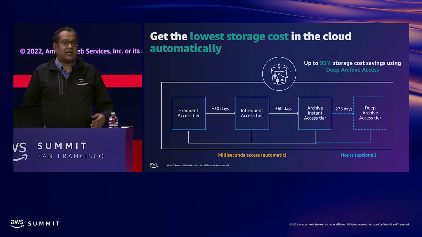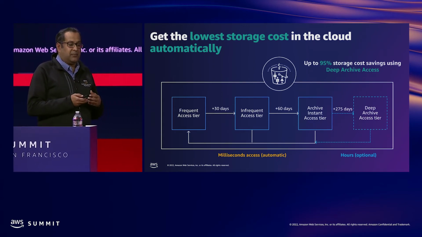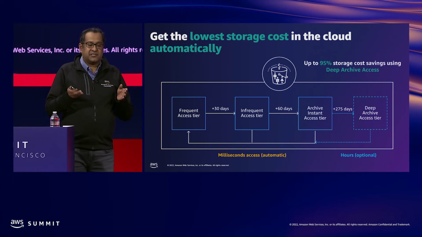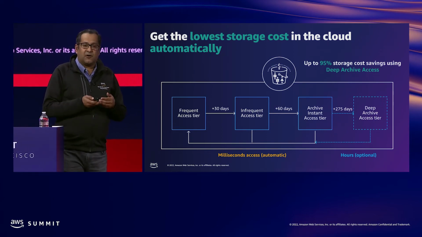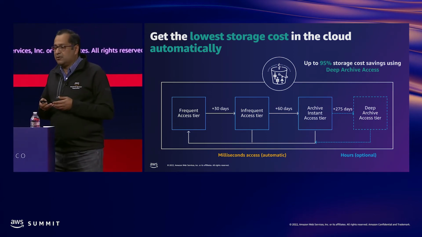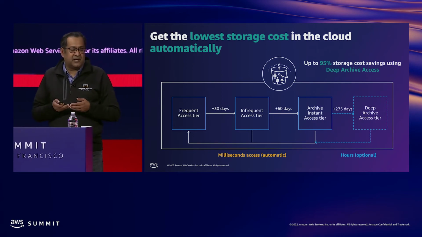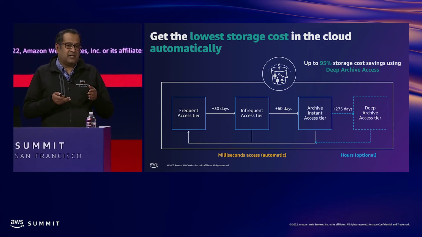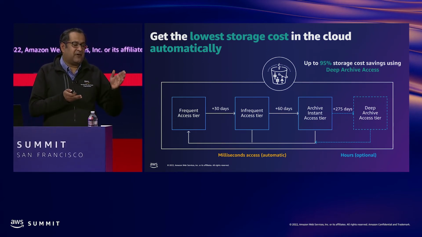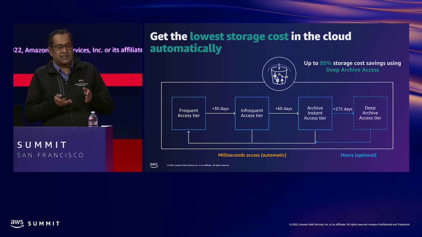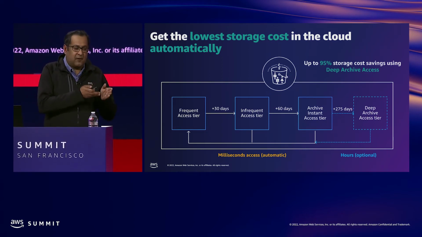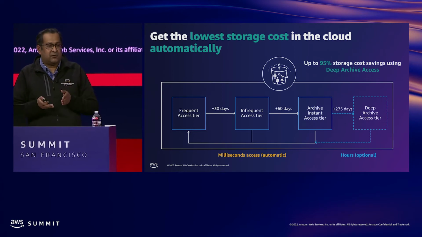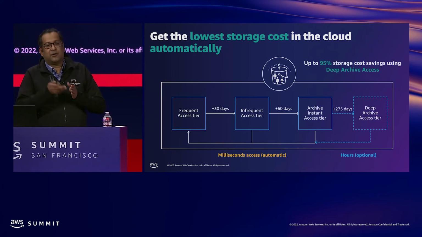If you want to reduce the cost even further beyond the three synchronous access tiers, we have seen a lot of customers beginning to use the deep archive access tier within intelligent tiering. The default is 30 days from frequent access to infrequent access, another 60 days from infrequent access into Glacier Instant Retrieval, and then you can tier it down.